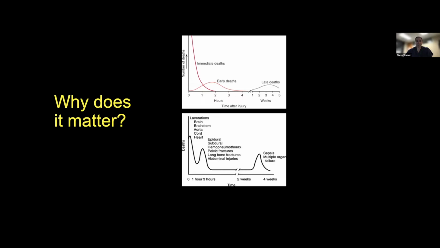If we look at the causes of mortality, as orthopedic traumatologists, we can certainly play a significant role in minimizing mortality, especially in the first few hours after injury, and even several weeks after, by managing pelvis fractures, long bone injuries, and infection that can lead to sepsis and multi-organ failure. If we manage these injuries correctly, we can minimize complications and mortality.